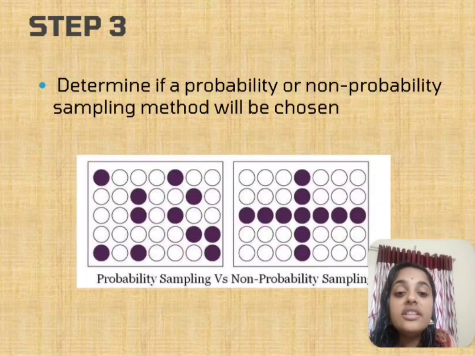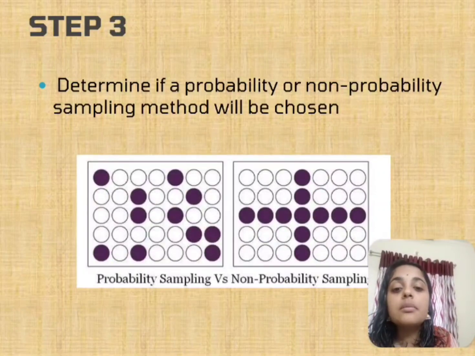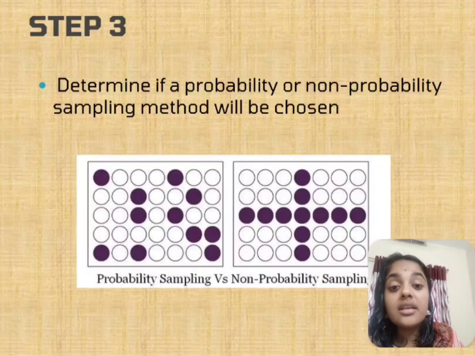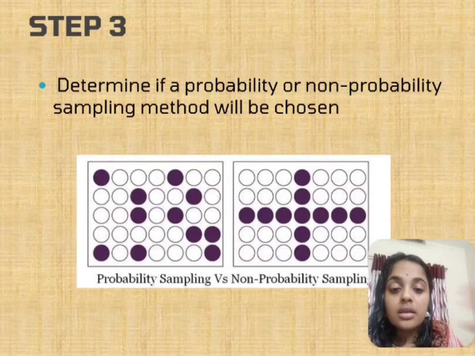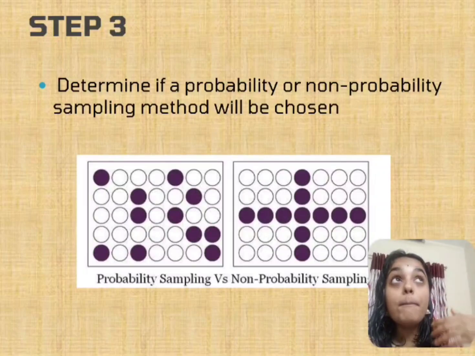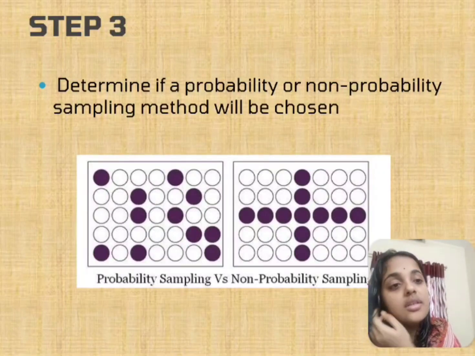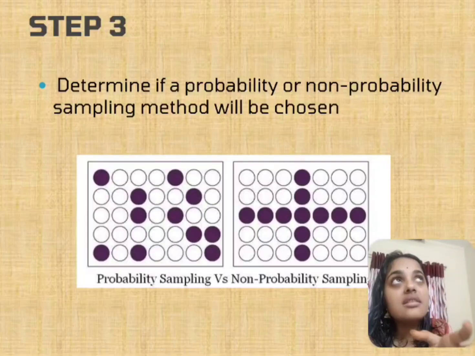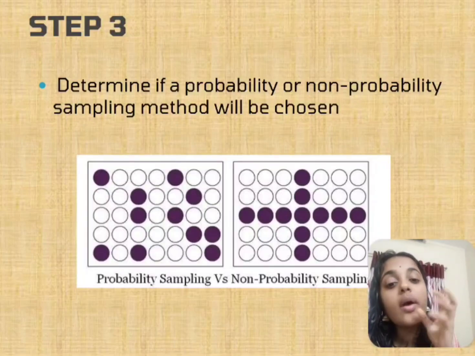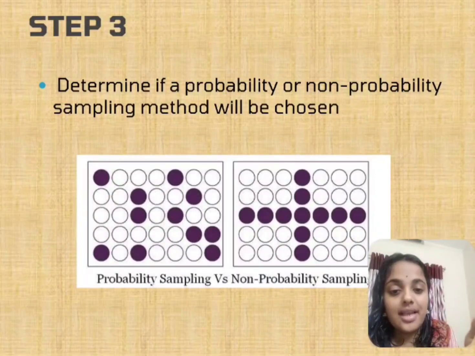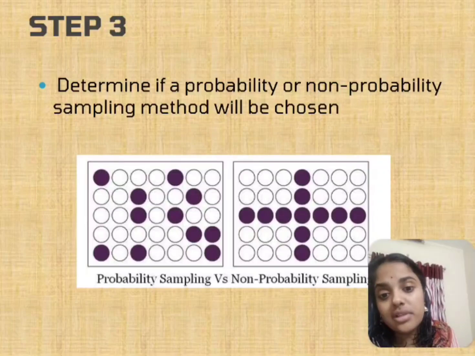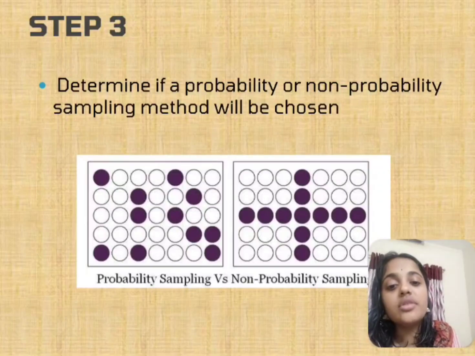So we have to determine the particular sample design that properly satisfies our research objectives. The sample design is selected according to the requirements of the research design, or according to the nature and objectives of the research.